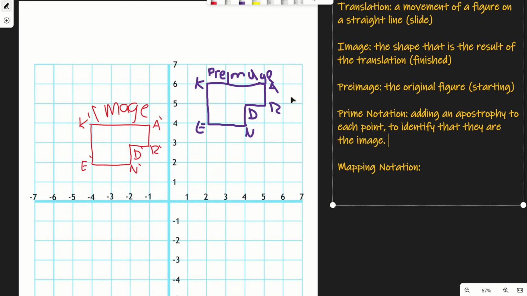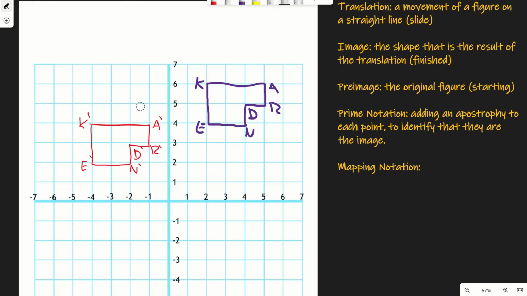So I know without even having to have the words up here, pre-image and image, I know that red is my image because it has these little apostrophes here. Since my purple one doesn't have apostrophes, I know that's the pre-image. So prime notation is having that little apostrophe, and that is for the image.